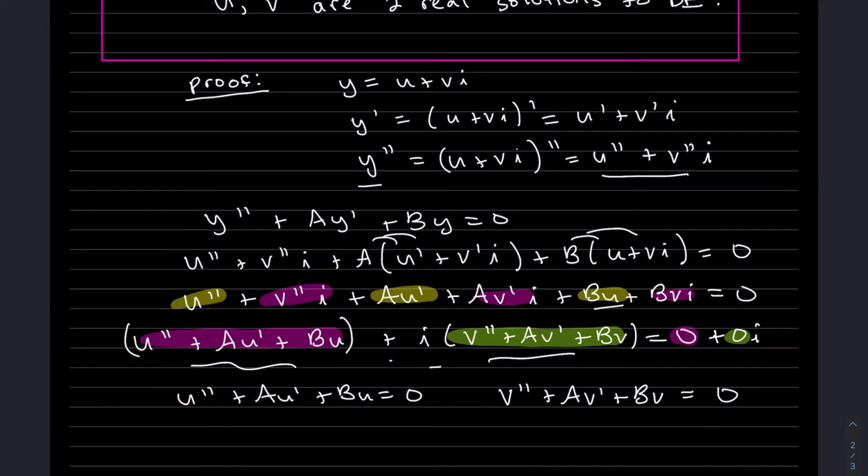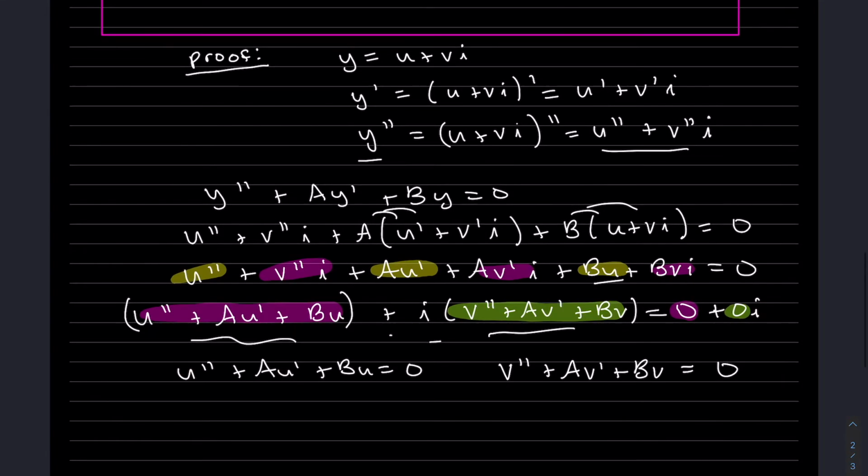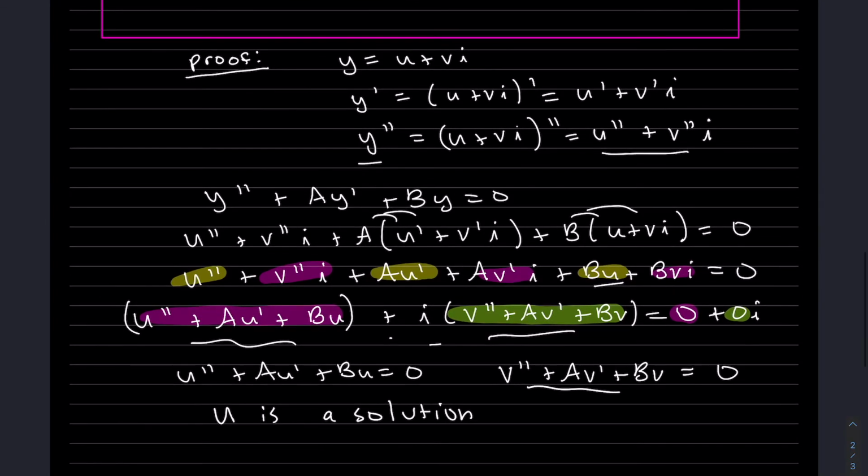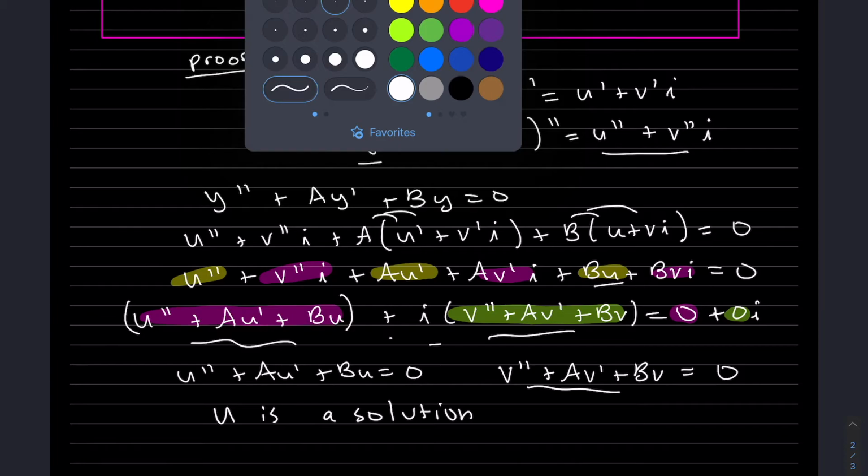That means we plugged it in, we got 0. That means u is a solution. And it looks like the same thing happened over here. It fits our original DE. But v, you plug in v and you get 0, that means v is a solution.